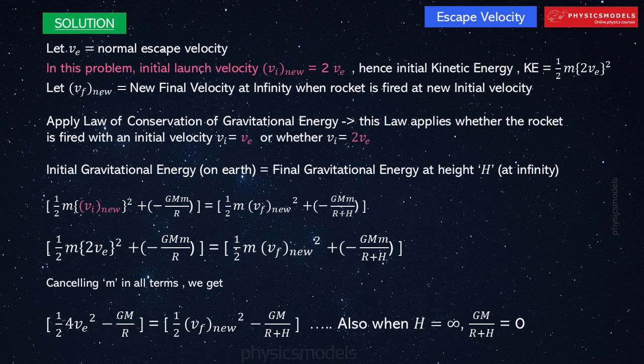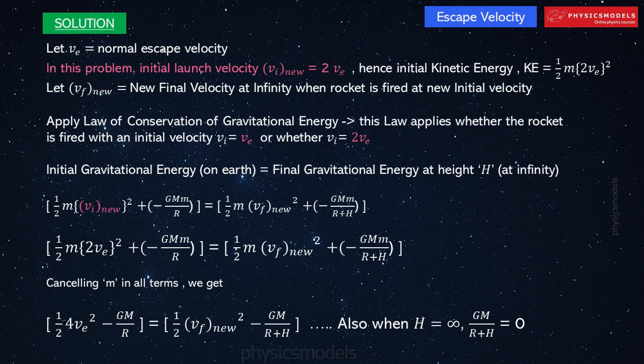We have to use the law of conservation of energy, specifically the law of conservation of gravitational energy. That is the sum of kinetic energy and potential energy. So we have to equate initial kinetic energy and the initial potential energy to the final kinetic energy and the final potential energy.